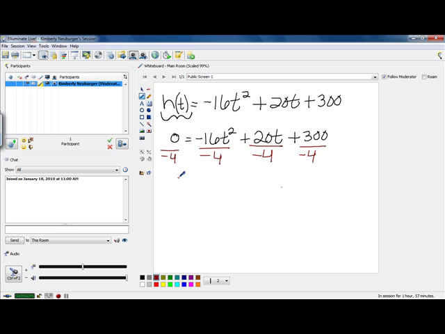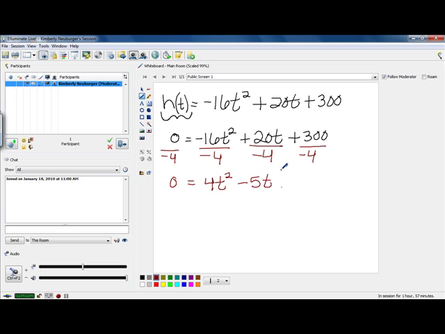0 divided by -4 is going to be 0. The -16 divided by -4 is going to give us a positive 4t squared. And then 20t divided by -4 is -5t.